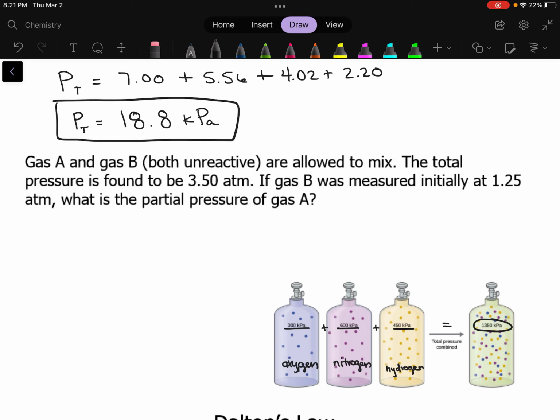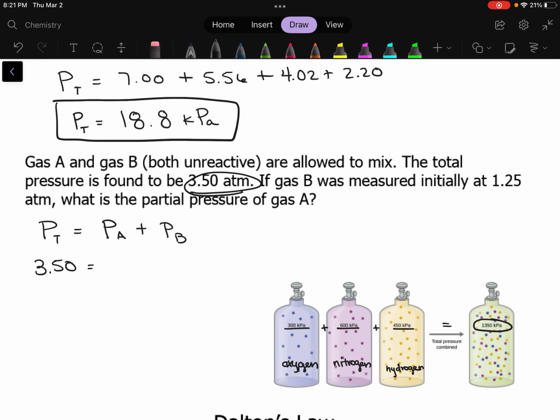We used 1, 2, 3, and 4 in our last one. This is using A and B, so we can do that too. We can just say that our total pressure is equal to the pressure of A plus the pressure of B. It gives us the total pressure, so I'm just going to put that in here.